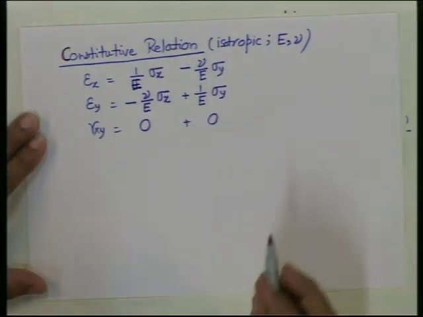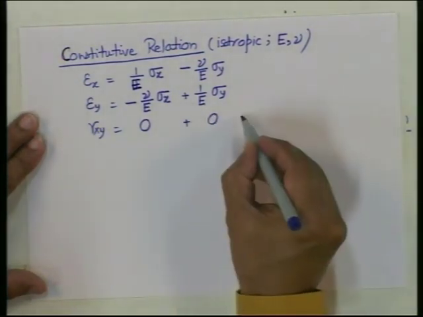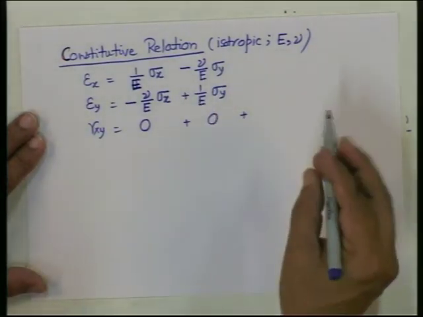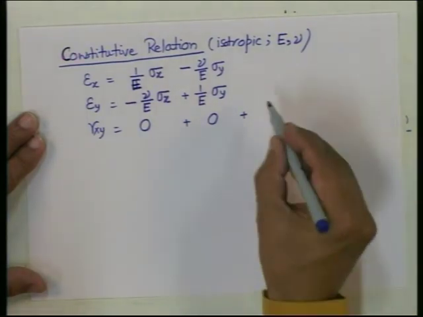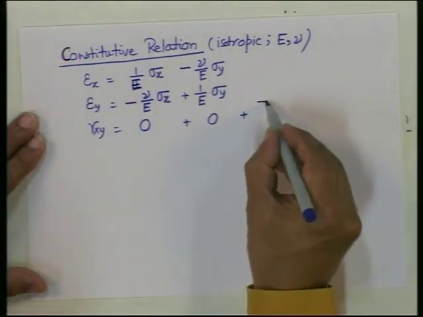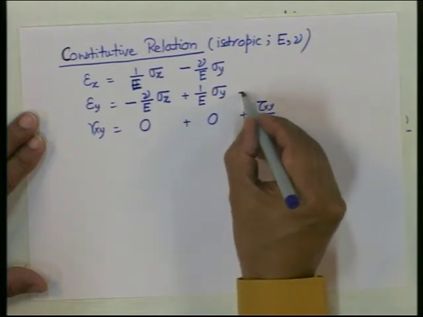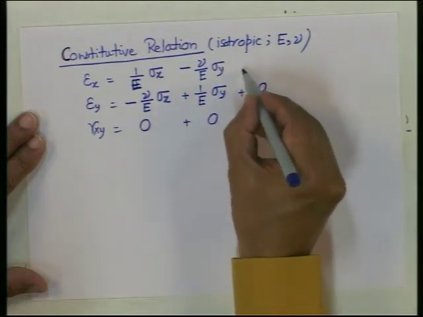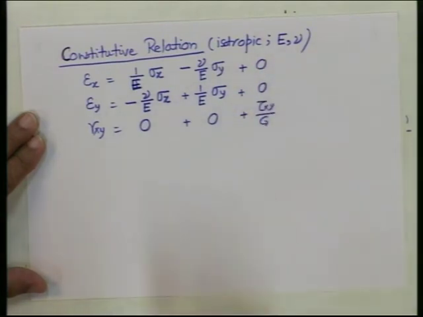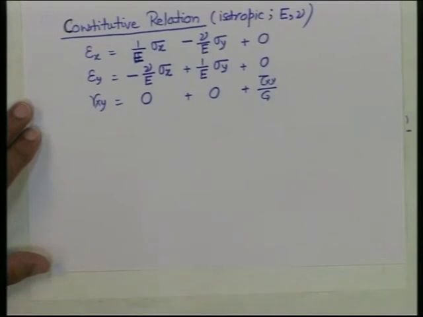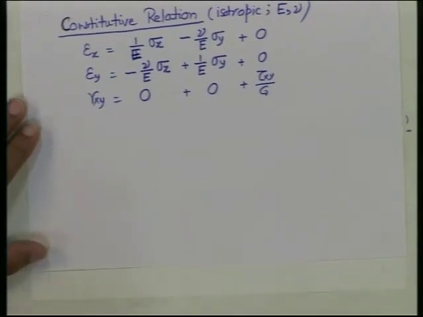When tau xy is applied as shear stress, this will produce tau xy by G, but no normal strain, because in an isotropic material it produces only the corresponding strain. So, this is the state.